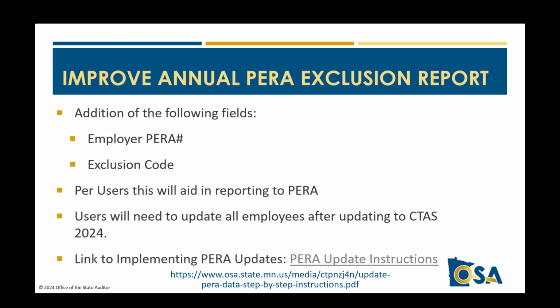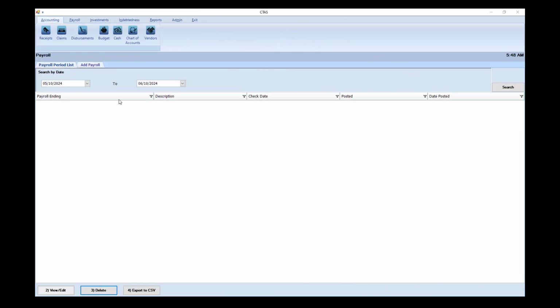Again, let's go to CTAS to see how to update the PERA information for an employee. With CTAS open, go to the Payroll tab and then the Payroll icon. Click on Add Payroll.